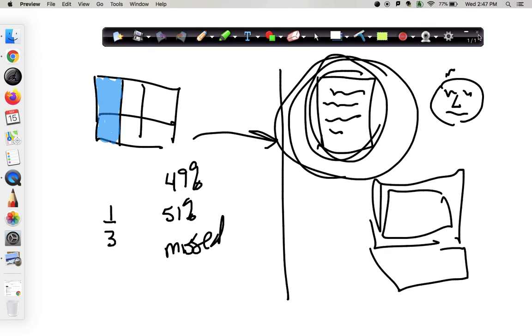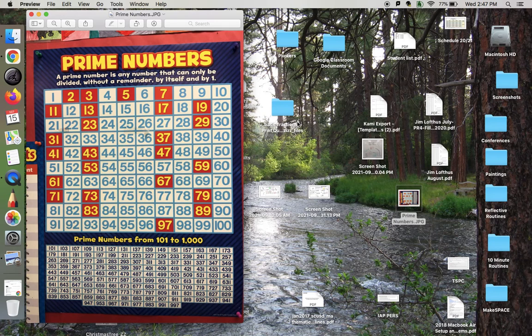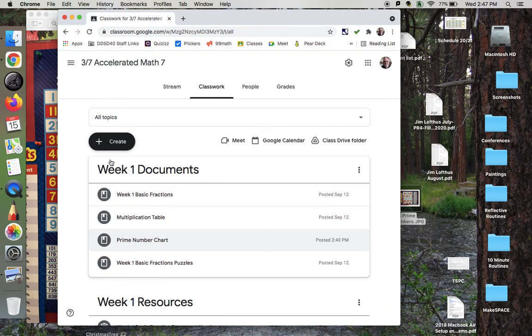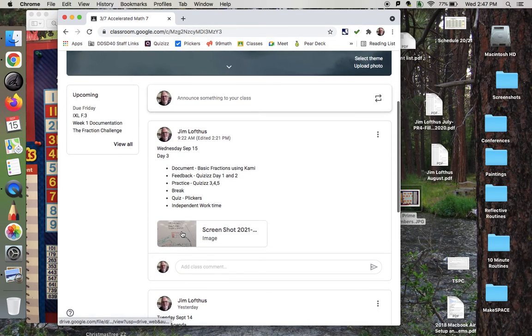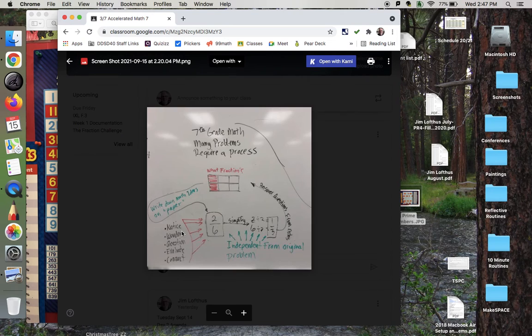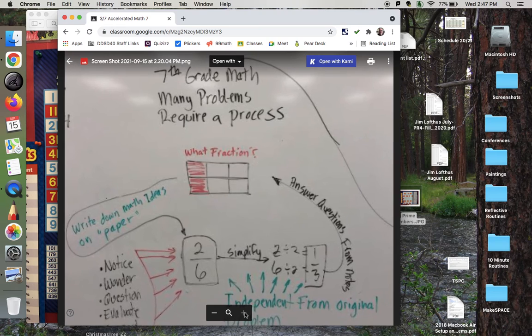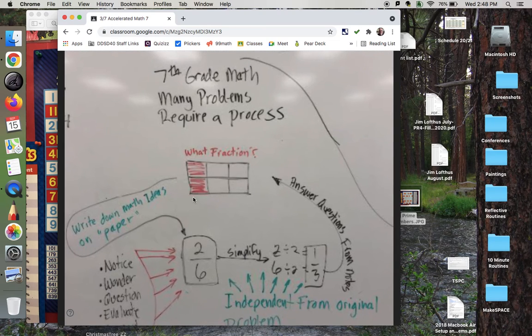In fact, here's what we're going to do before we wrap up this recap. We're going to go here and just show you what we had up on the board. So let me zoom in here. So many 7th grade math problems require a process.